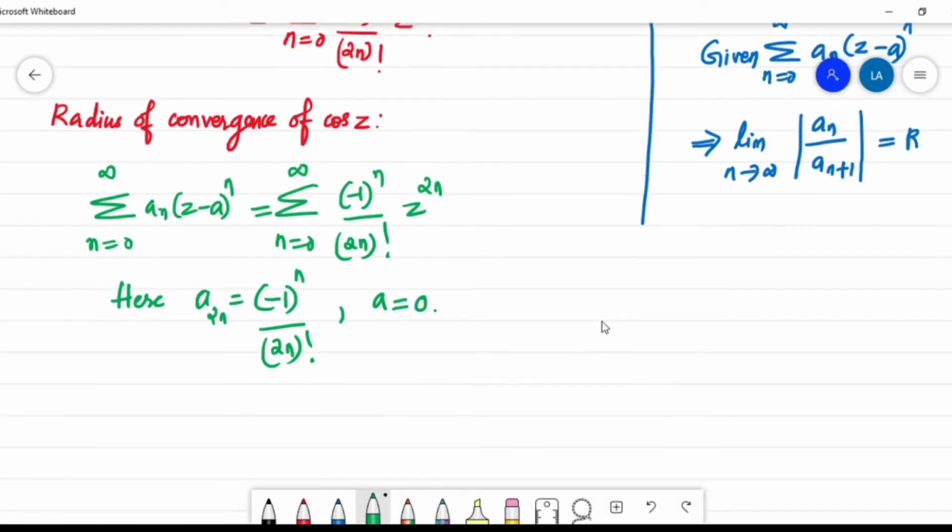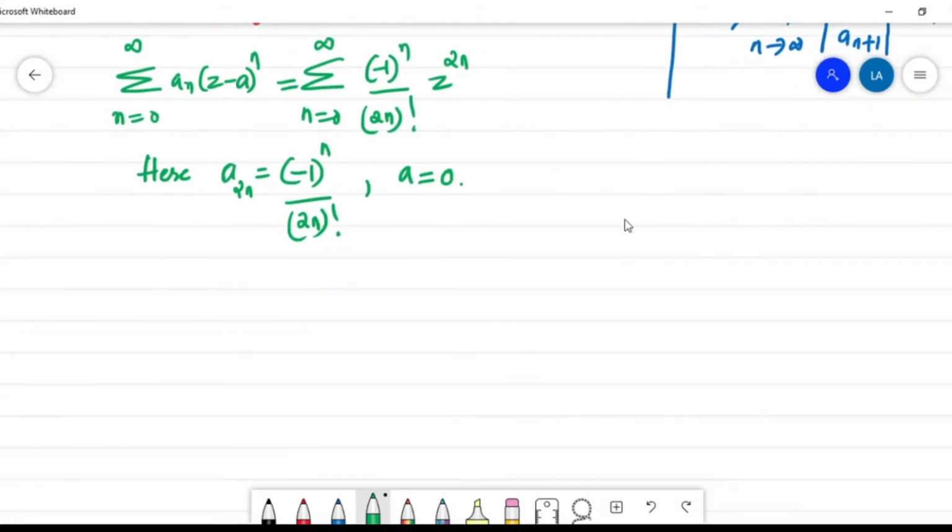So, now let us check whether the limit we said earlier exists or not. Consider limit n tends to infinity modulus of a n by a n plus 1.